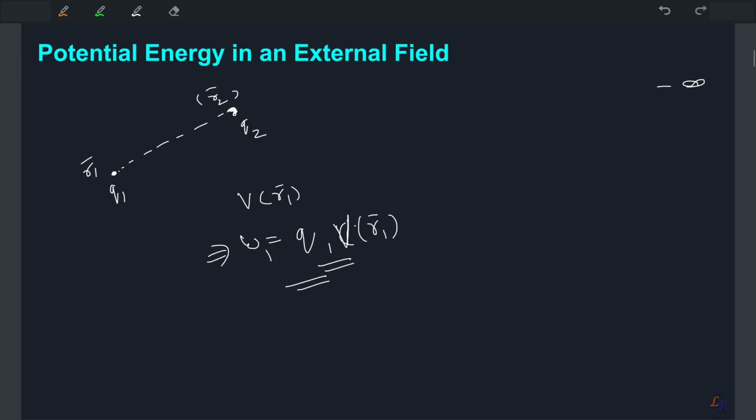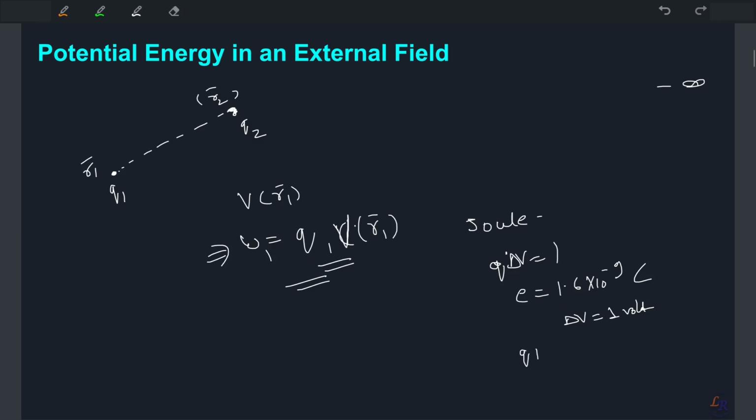An important point: work done is represented as QV, and we write it in joules. If you bring a unit charge from infinity to that point, with Q and the potential difference delta V of 1 volt, then for an electron, whose charge is 1.6 times 10 to the power minus 19 coulomb, associated with a voltage difference of 1 volt, what would be the work done, the potential energy?